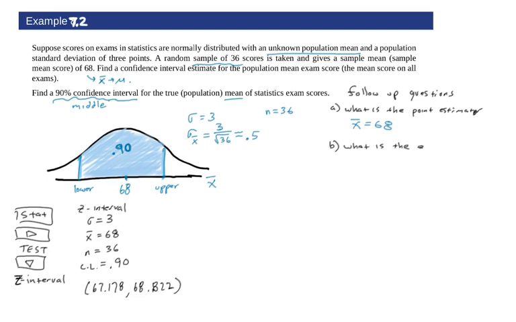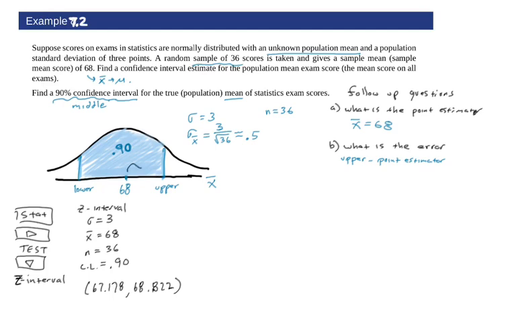What is the error here? And if you recall, our actual error was given by that other formula, but since we're using our calculator, what we're going to want to do is use the upper minus the point estimate. So if you recall that this interval is centered right along the mean.